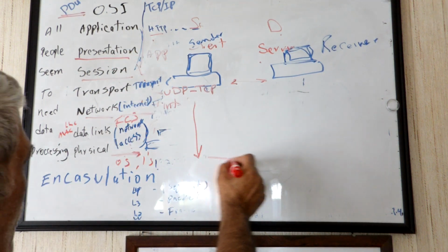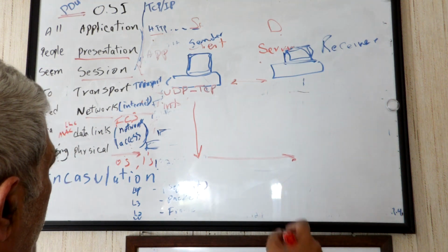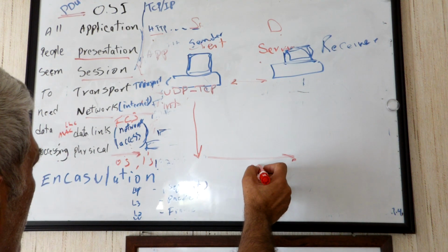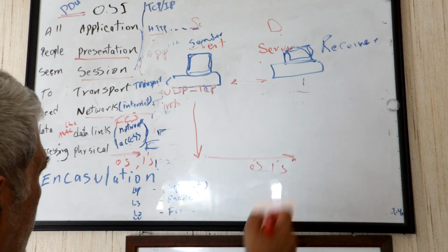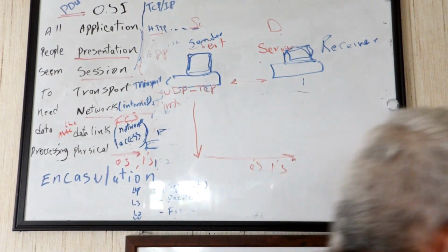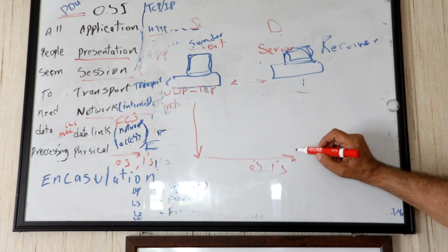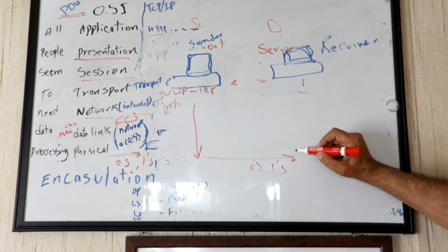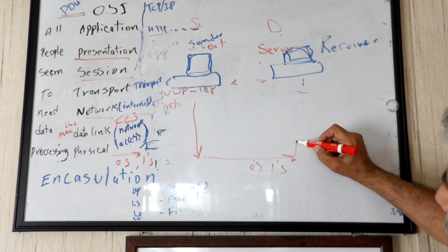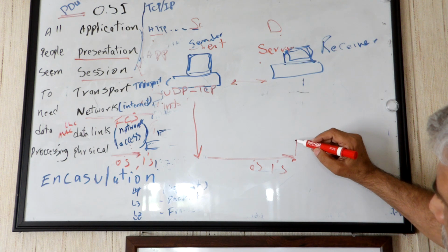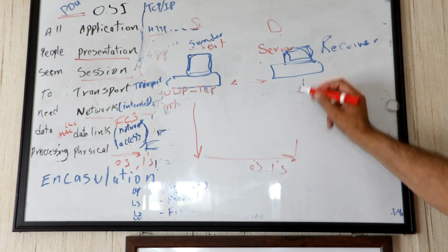All this process goes to another computer as zeros and ones, and then the same process happens. It gets into the data link layer that has MAC address, because it knows the MAC address of this one.